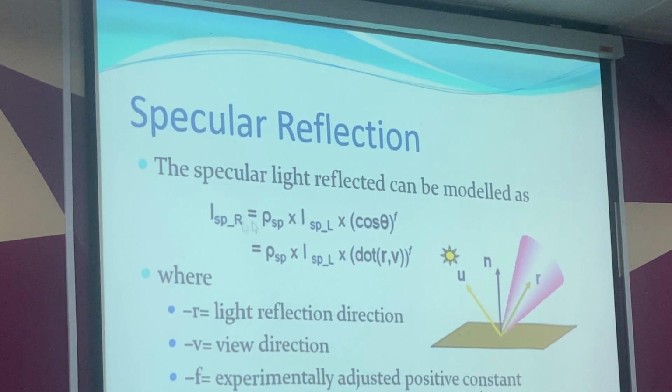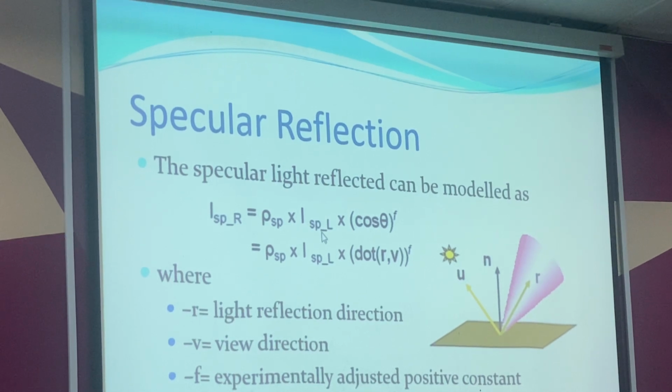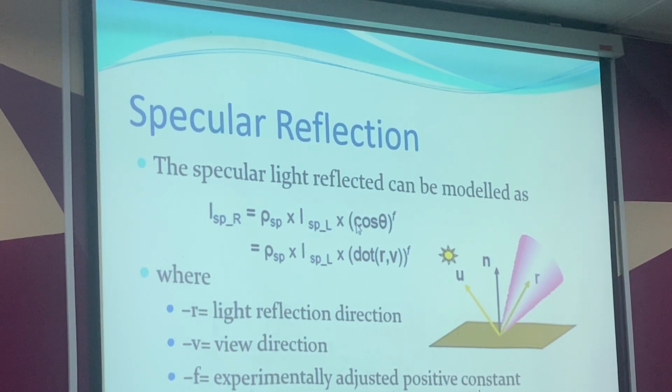The rest is the same: the reflection coefficient of your specular light times the intensity of your specular light, and then the cosine. Cosine theta is the angle between your light source and your normal, and then you have this f.